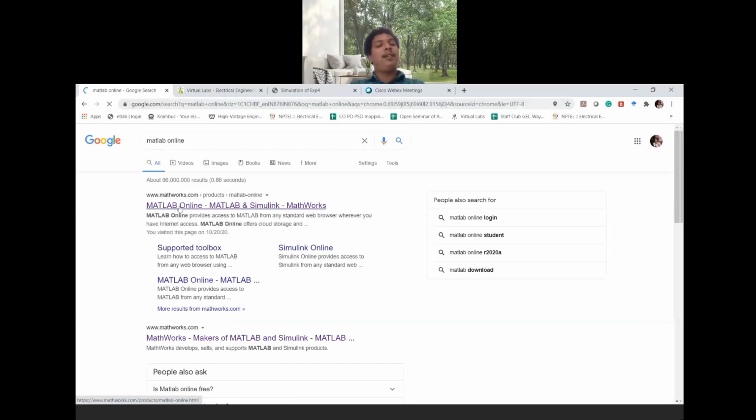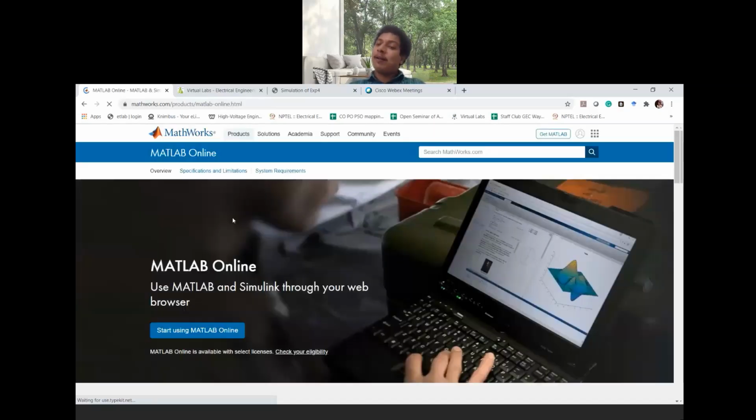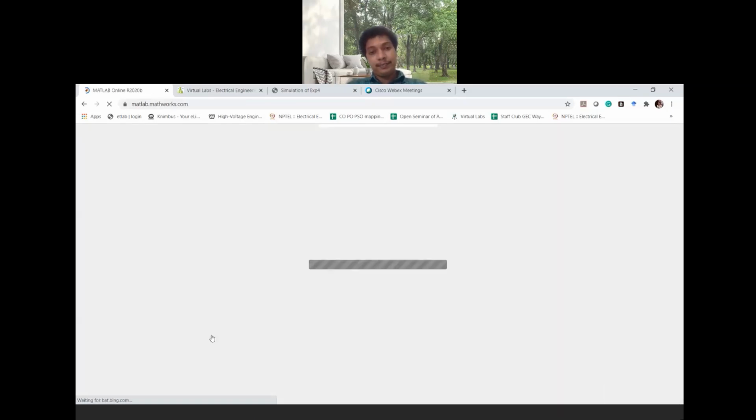If you have not logged in, or if you don't have an account, you have to make a MATLAB account. I have already logged in and I have a MATLAB account. You have to create it with your college email ID. So let us start using MATLAB online as well. Your MATLAB online will get started.